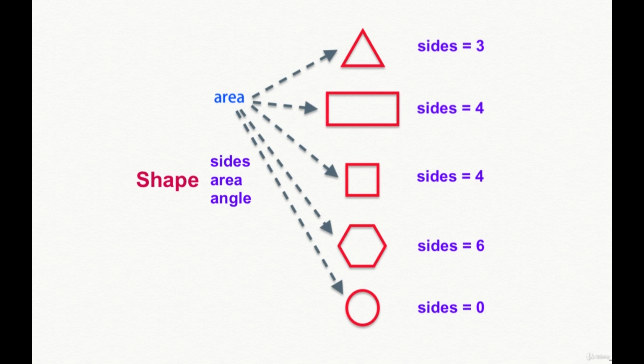But when it comes to calculating the area of all of these shapes, the formula for calculating area is different for every shape. That is, triangle cannot have the same function for calculating area, they have different formulas.